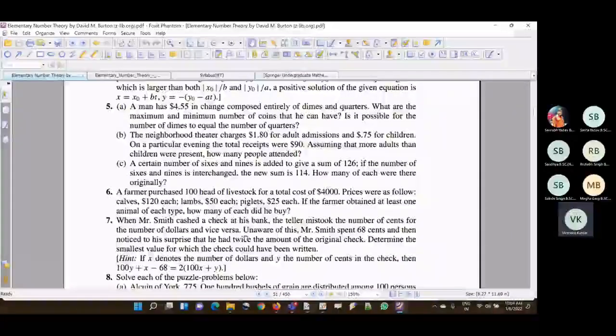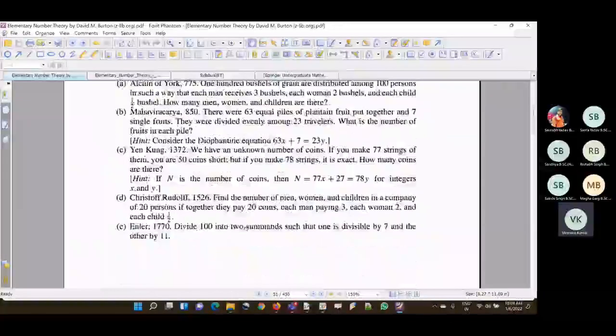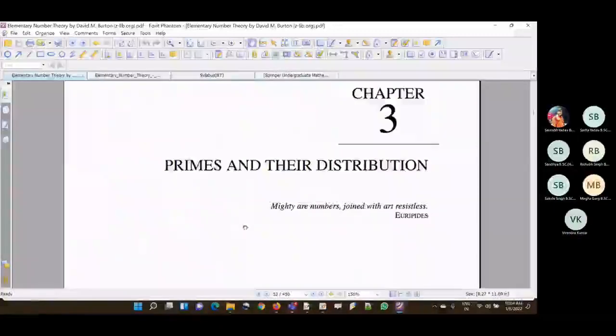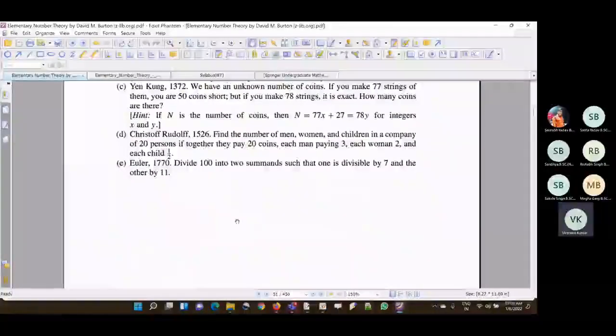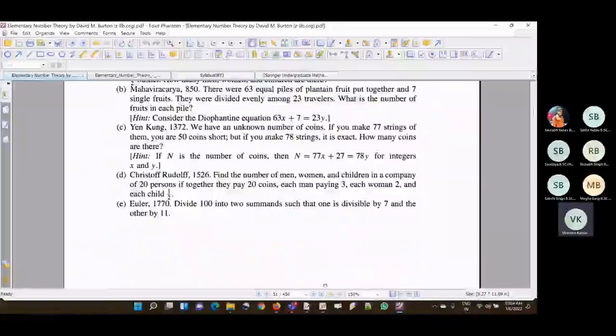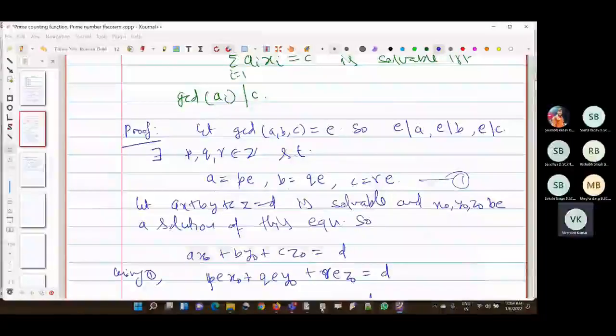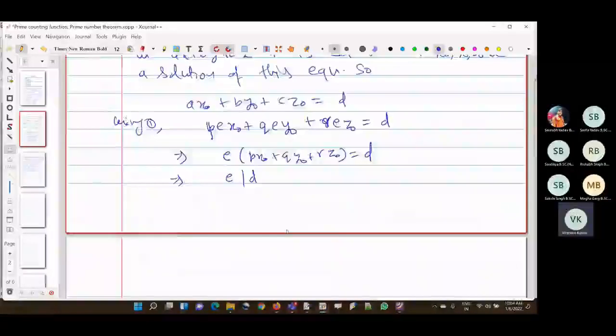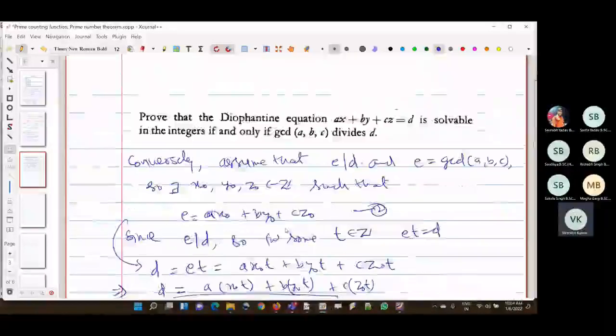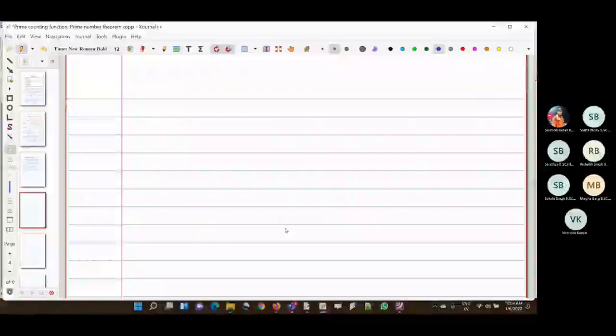All right. So next thing is primes and their distribution, something we are going to discuss today. You know what are prime numbers? Anyone? What are primes?